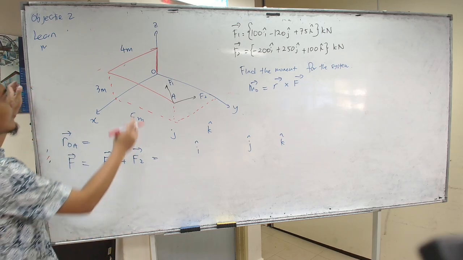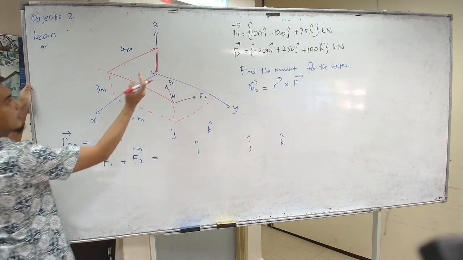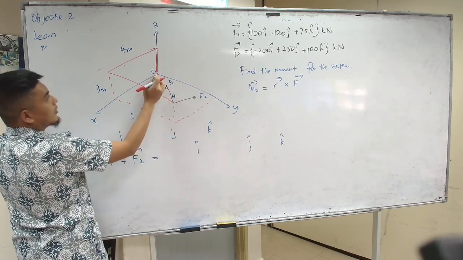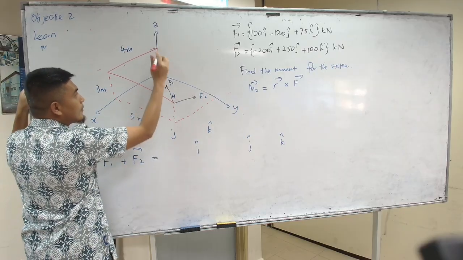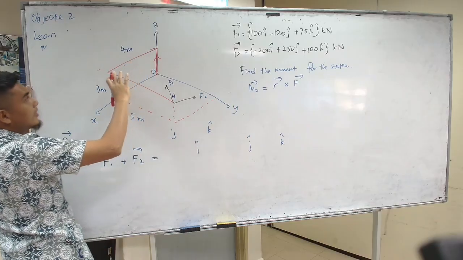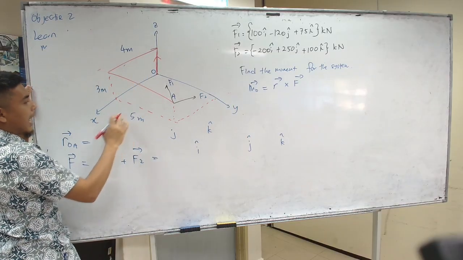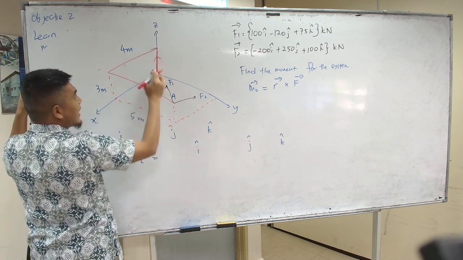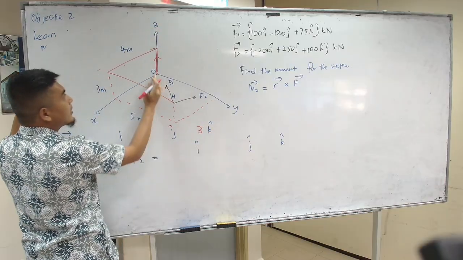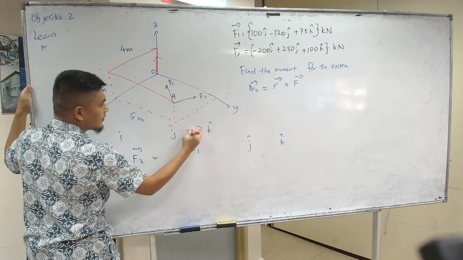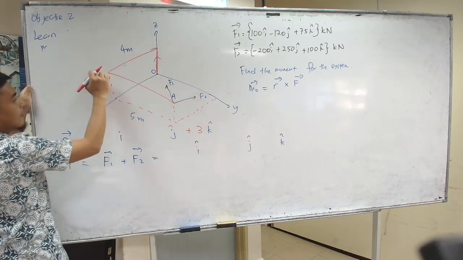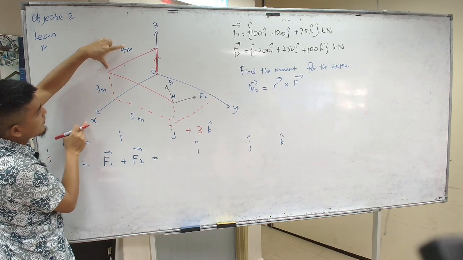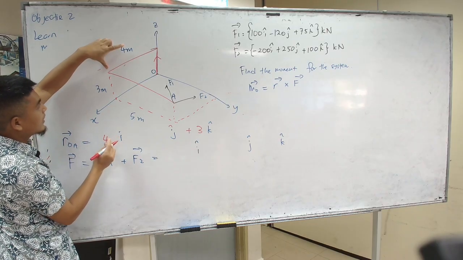Okay, so the ROA travels from 0 to A. Firstly, it travels up. How much distance? 3, in K. Positive or negative? Positive. And then it travels to the left, in the X direction. How much distance? 4. For I, positive or negative?